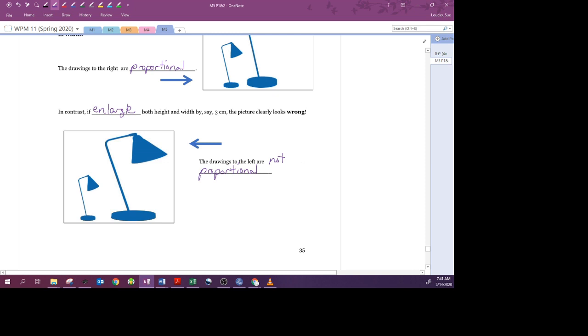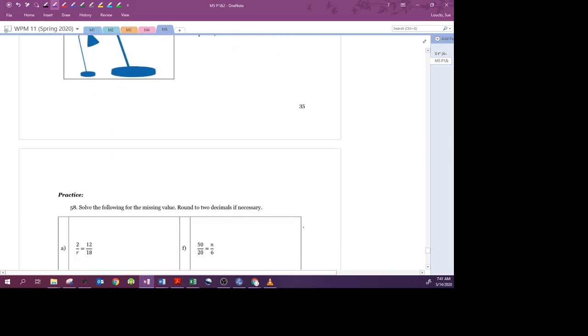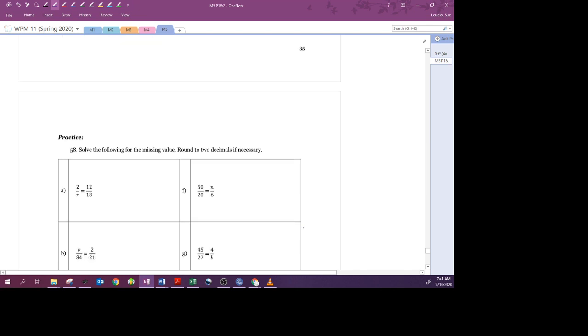All right. To solve proportions that are numeric just like this, you cross multiply and divide. I'm going to do one example here. So R equals, you multiply the two numbers that are diagonal across the equal sign, so 2 times 18, and you divide by the leftover number, which is 12.